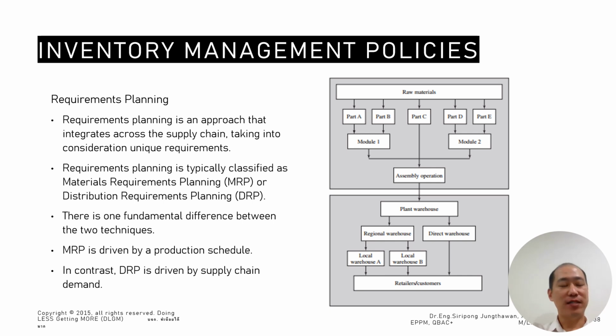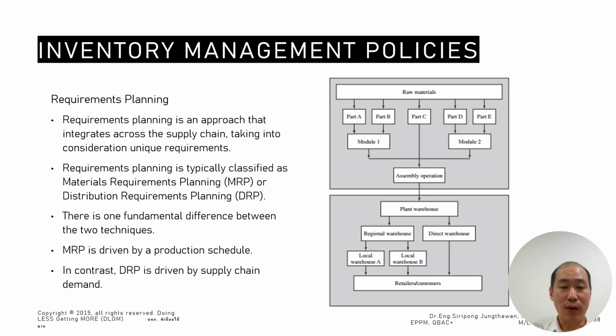So when you understand integrated operation planning, you have to see more in requirement planning. It helps you design the planning approach that is integrated across the supply chain, taking into consideration unique requirements.